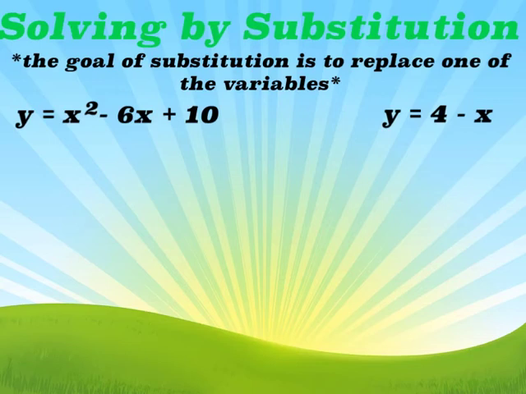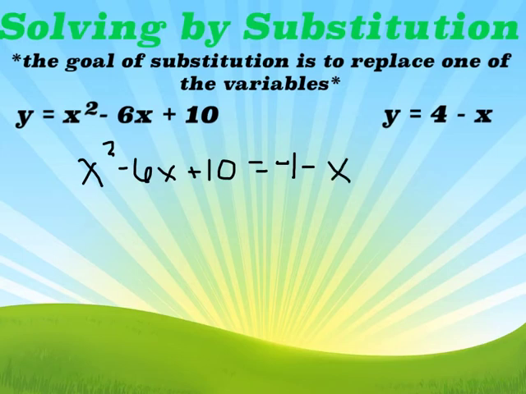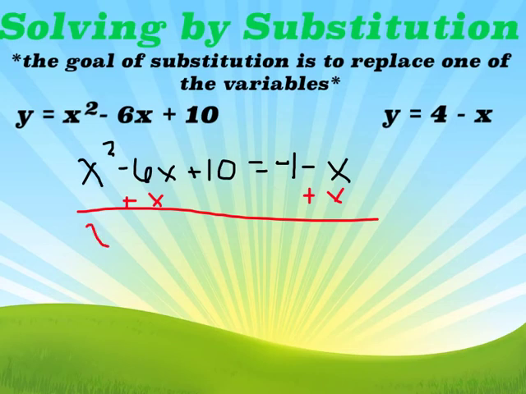Which property is that? Transitive property. So x squared minus 6x plus 10 equals 4 minus x. Then we can go ahead and solve them. I'm going to add x to both sides of my equation. Negative 6x plus x will get me a negative 5x plus 10 equals 4.